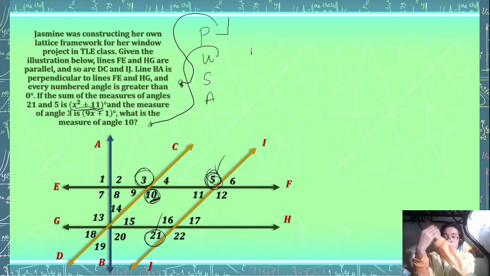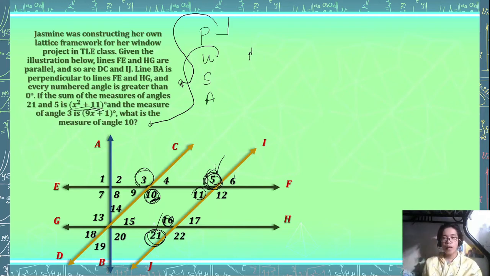If they're on the same side, the theorem we're going to use is of course the same side exterior theorem, which says that the measurement of these two angles is going to be equal to 180 degrees, or they're supplementary. Same goes with the same side interior angles, angle 16 and angle 11. If you add them, that's going to give you 180 degrees.